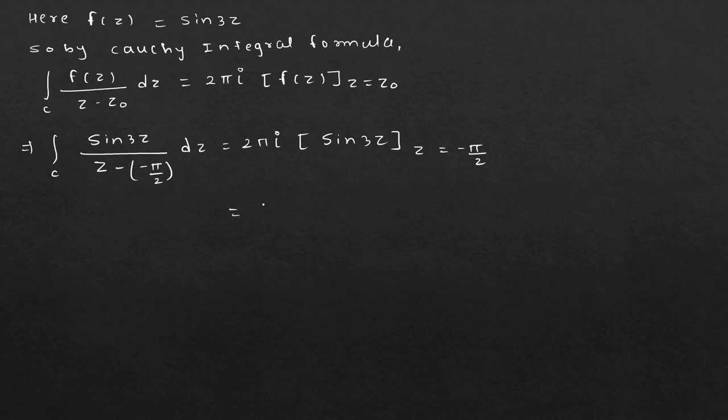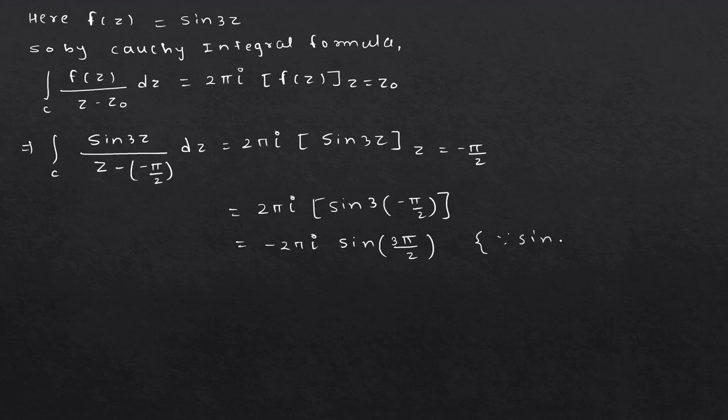So this is equals to 2 pi I into sine of 3 times minus pi by 2, and we know that sine minus theta is minus sine theta, so this is minus 2 pi I into sine 3 pi by 2.